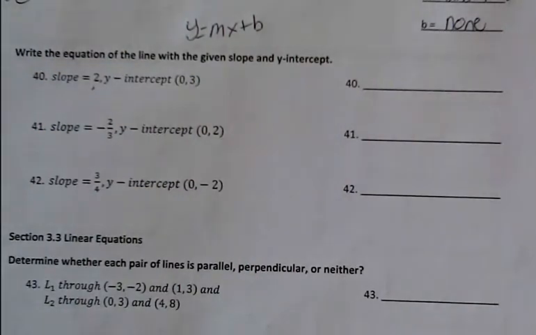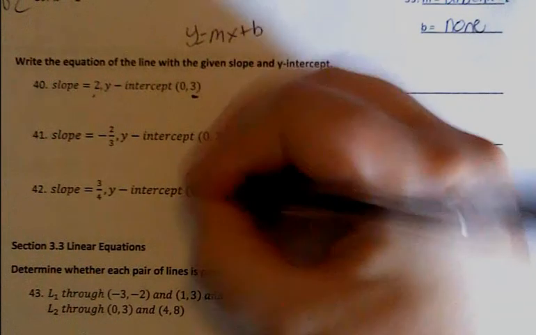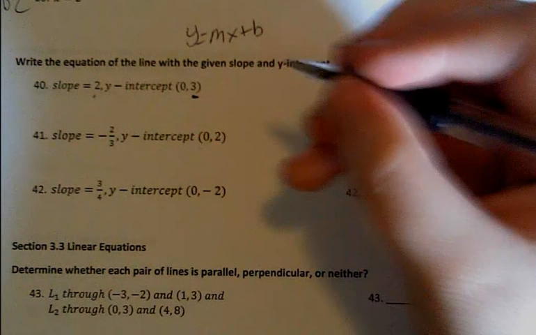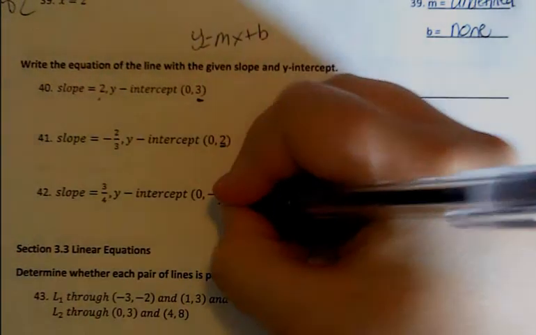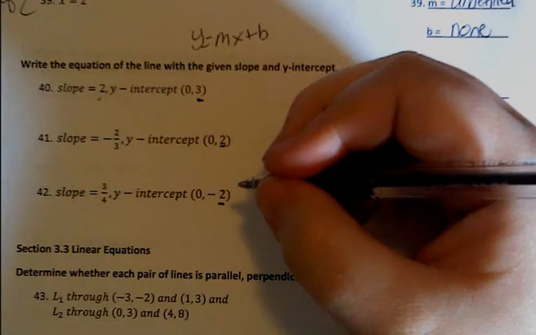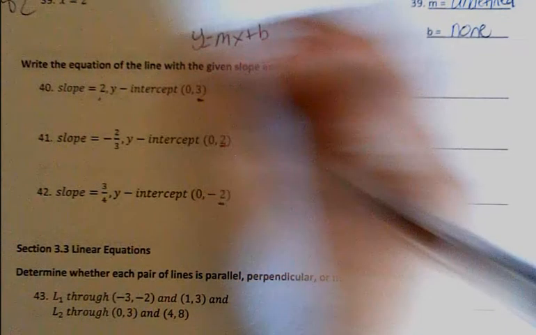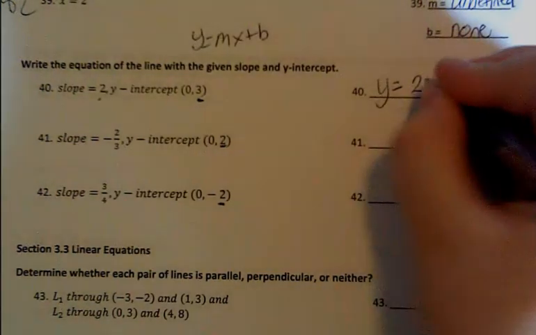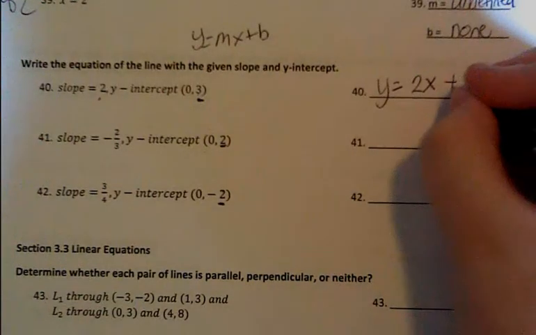They wrote the y-intercept as an ordered pair, but whenever the first term is 0, the second value is always your y-intercept. So y equals, our m is 2, so that would be 2x. Our y-intercept is 3, so it would be plus 3.